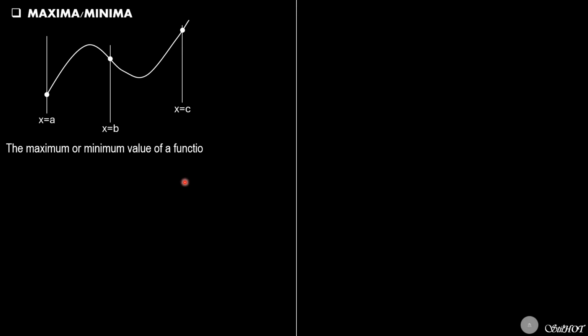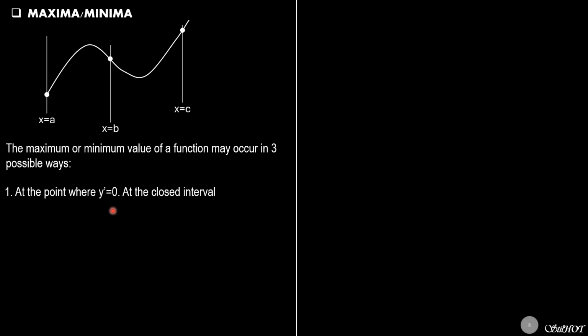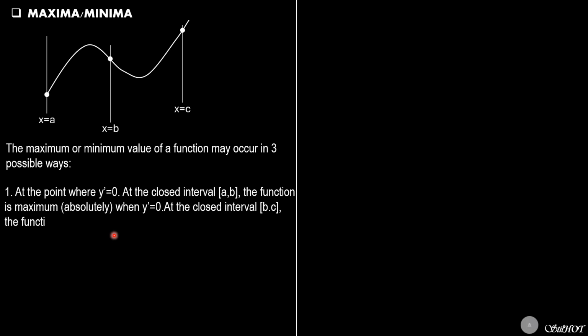So the maximum or minimum value of function may occur in three possible ways: at the left endpoint, at the right endpoint, or at the point where the derivative or y prime is 0. So these are the possibilities. We have to consider these three possibilities in order to make sure that we are answering the problem.